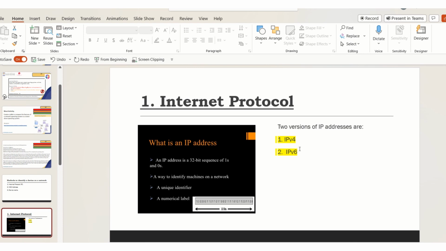Whenever device A is sending some data to device B, each packet of data is addressed to this IP address of device B, and it is how the data is sent. Same like our emails or the post box letters we send to a particular address, right? Every home has got an address, and that is how we send letters. Same way, the IP address.